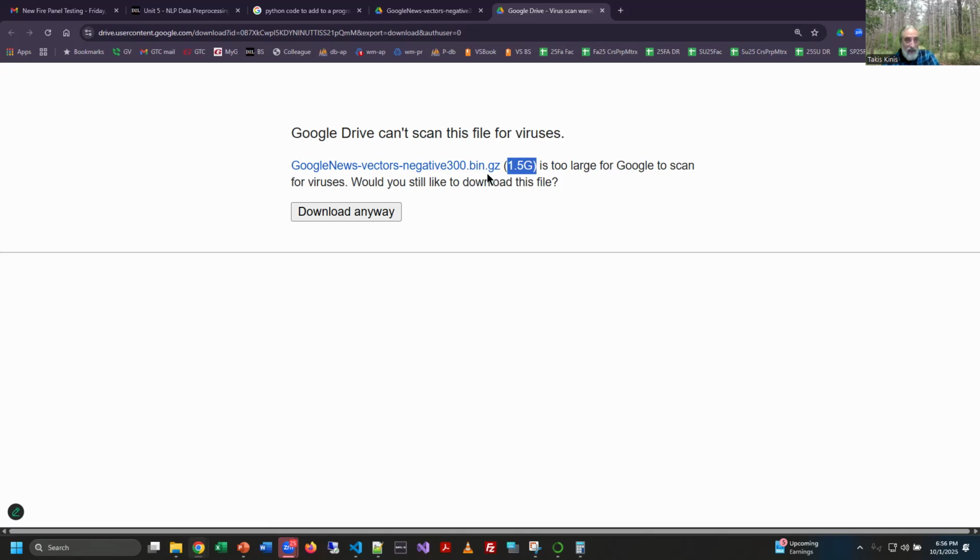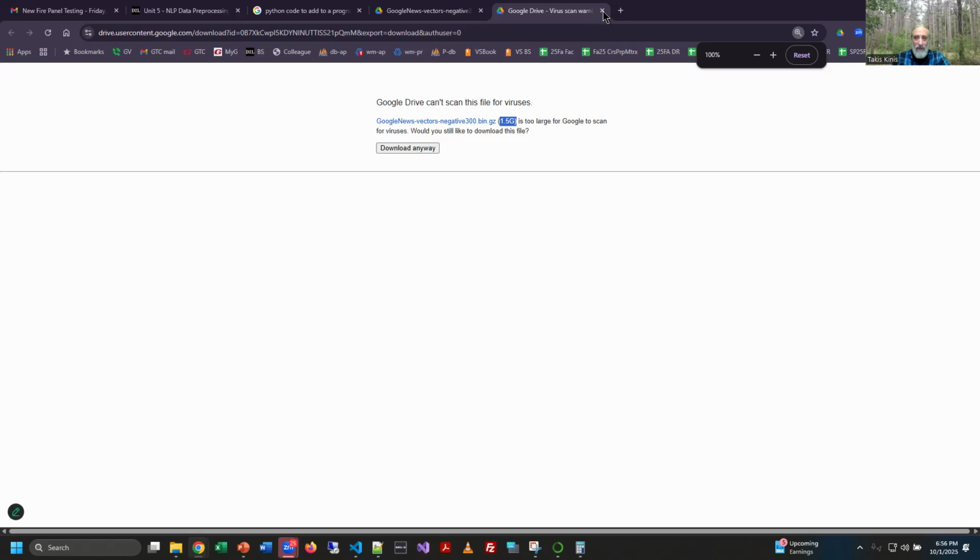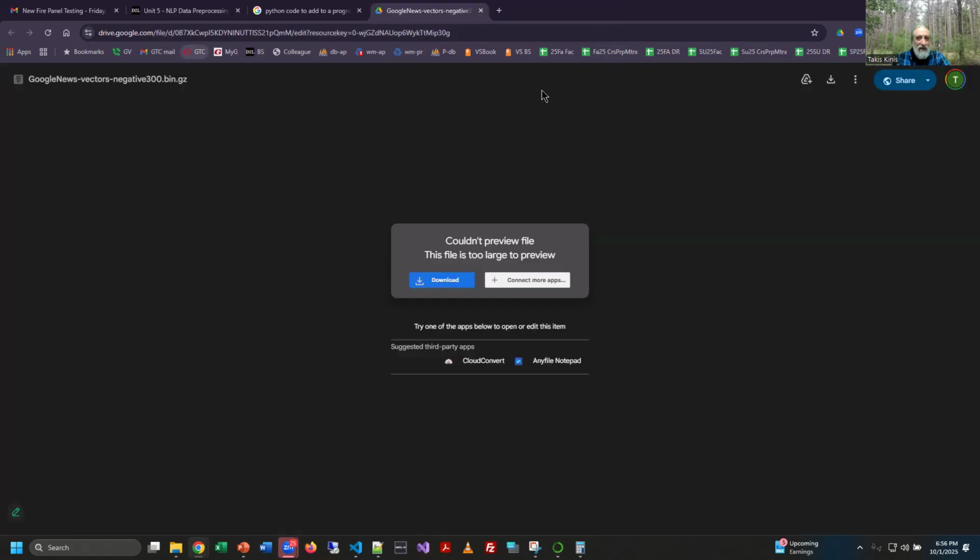You can also decompress that on an Apple machine. There are ways to do it in Windows, but it's not pretty. It's 1.5 gigabytes compressed, which if you decompress it might be like 3, 4, 5 gigs just of text. That's how big this data set is. Absolutely huge. And I'm not going to go through that process right now because I value my disk space, basically.